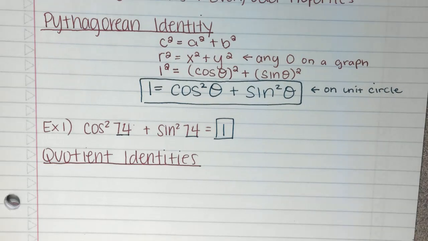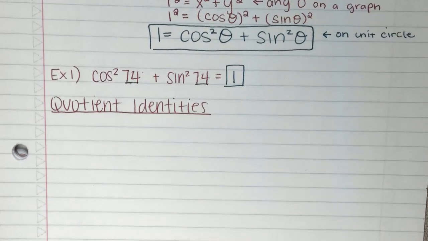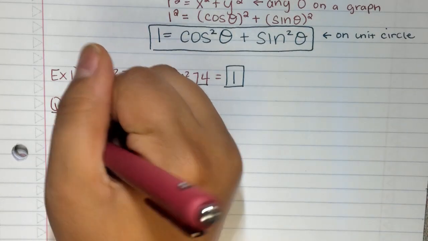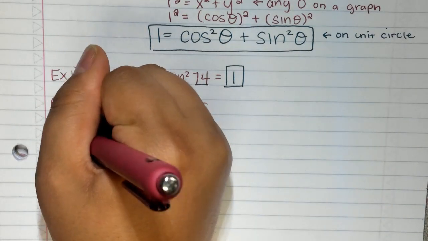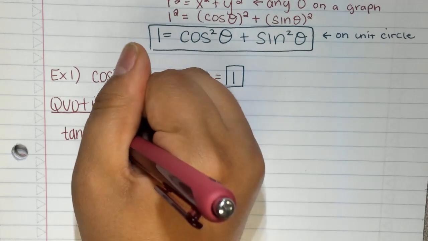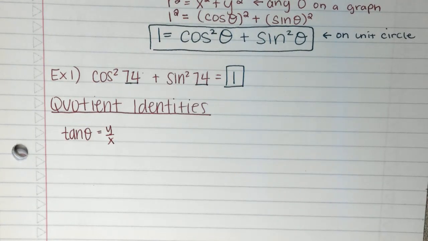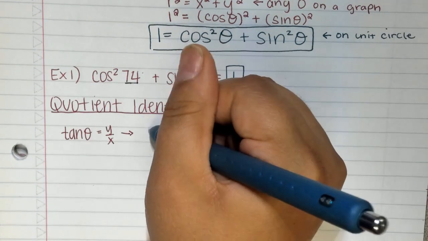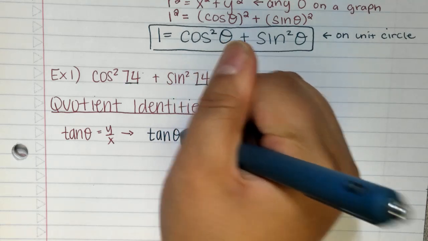All right, quotient identities. Quotient means to do what? Divide. So we're going to be dividing. What do we know about the tangent of theta? It's y over x. Well, on a unit circle, what do we know about y? And what do we know about x?